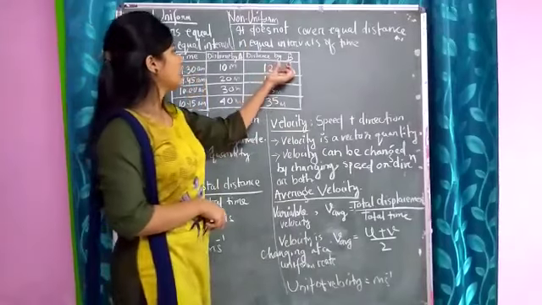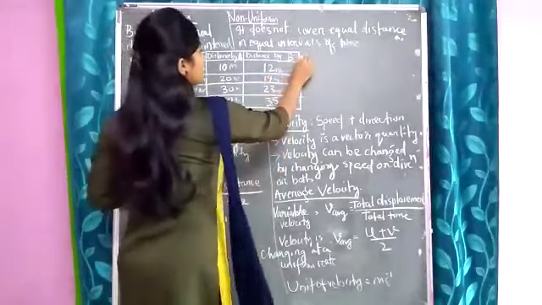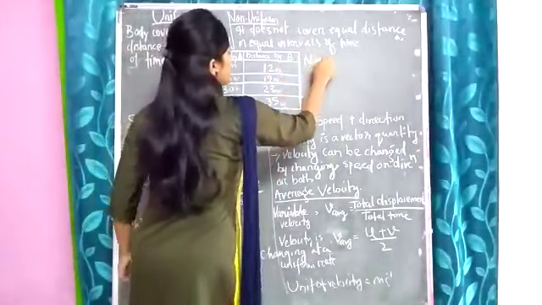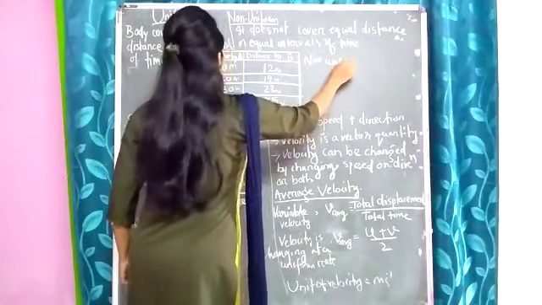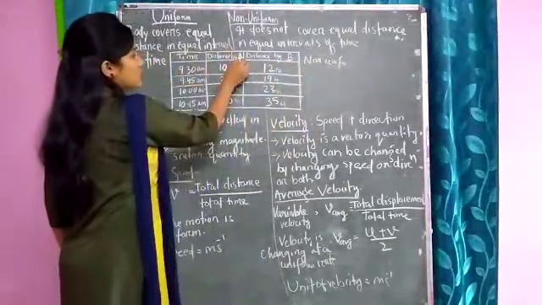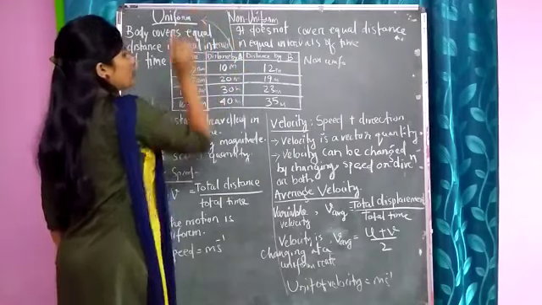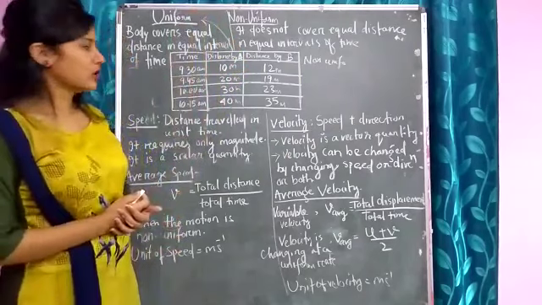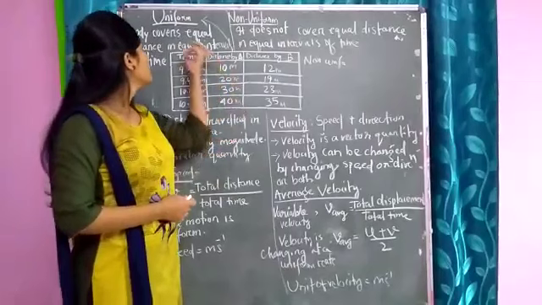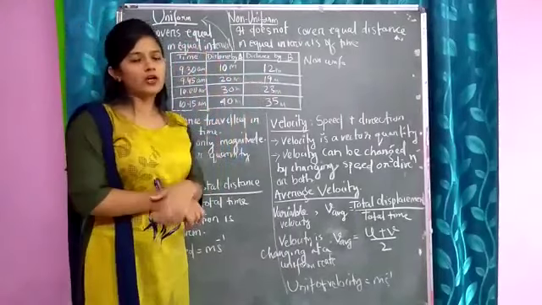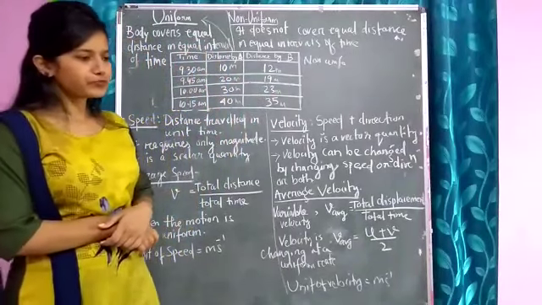So body B undergoes non-uniform motion, whereas body A undergoes uniform motion. So this is the idea regarding uniform motion and non-uniform motion.